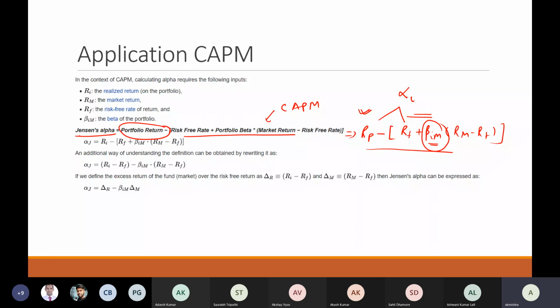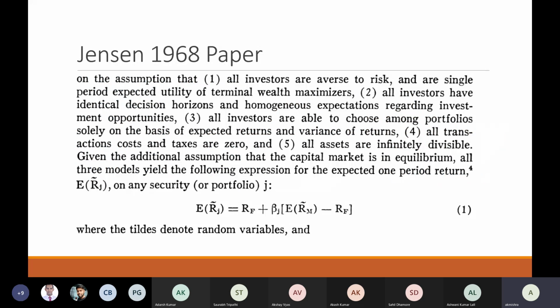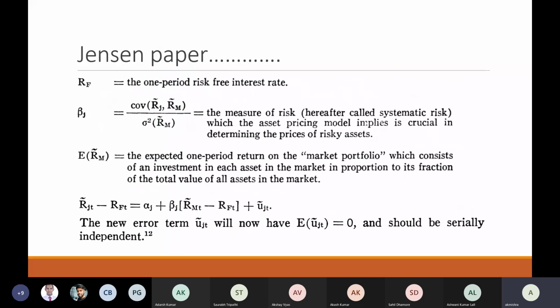So what we are saying here is that this is basically your excess return on your portfolio with respect to your market. And that's why Jensen alpha is captured. If you look at Jensen's paper of 1968, you will find this is how he estimated it.